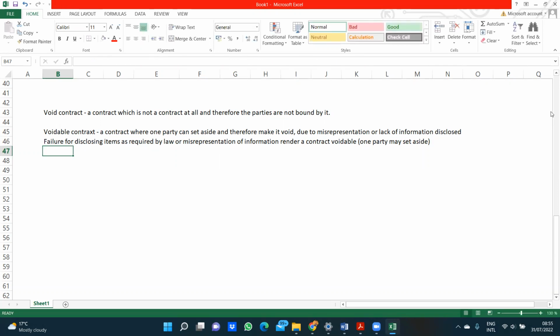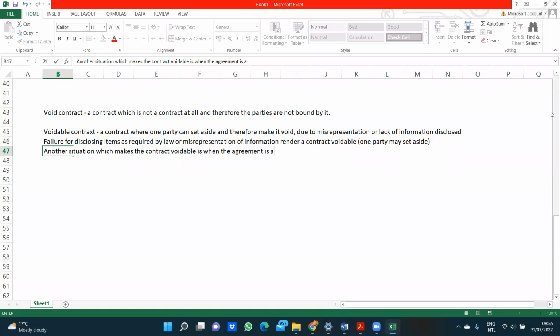Again, what makes it voidable? Another situation which makes the contract voidable is when the agreement is actionable, but the circumstances surrounding it are questionable by nature.